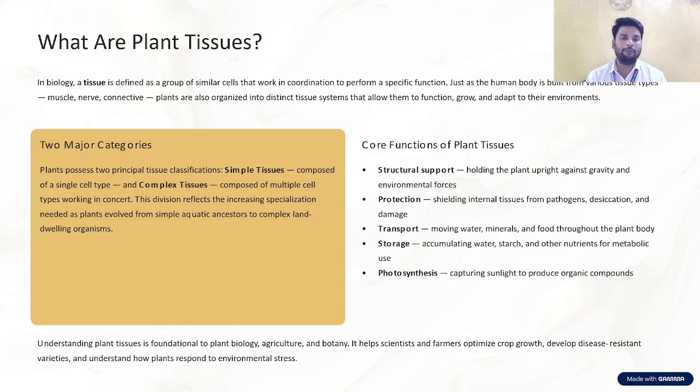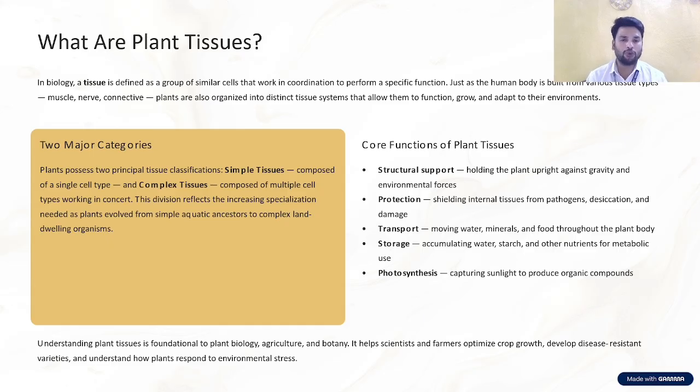Tissue also helps for protection, shielding the internal tissues from pathogens, desiccation and damage. Then it also helps in transport, moving water, minerals and food throughout the plant body, like xylem carries the water and phloem carries the food.